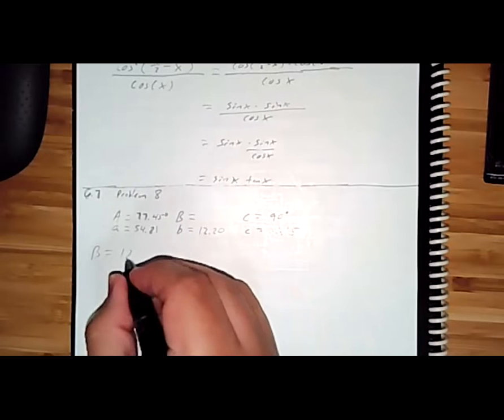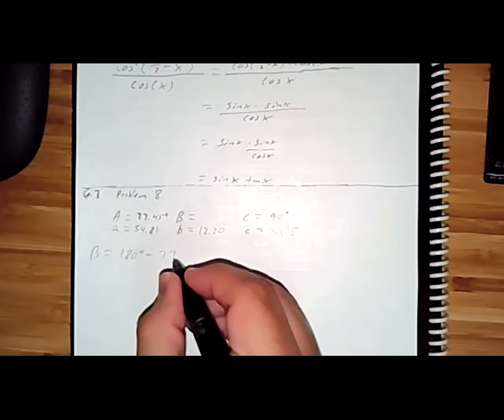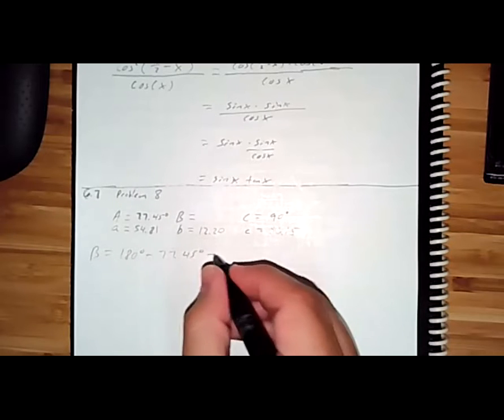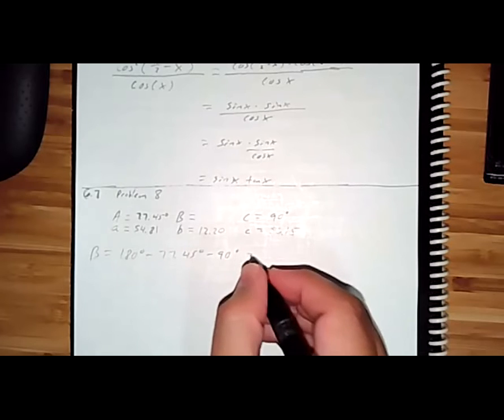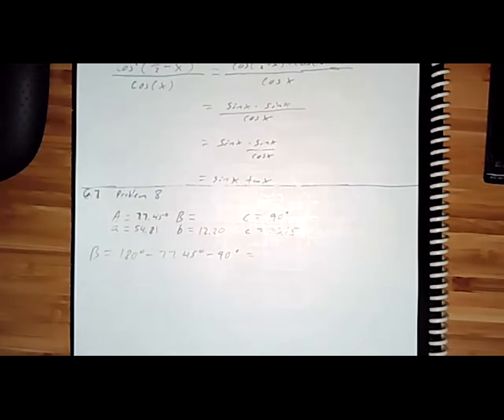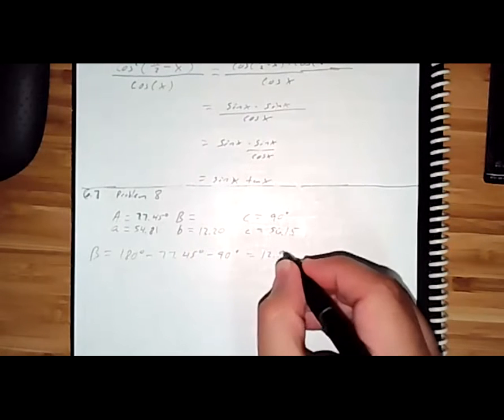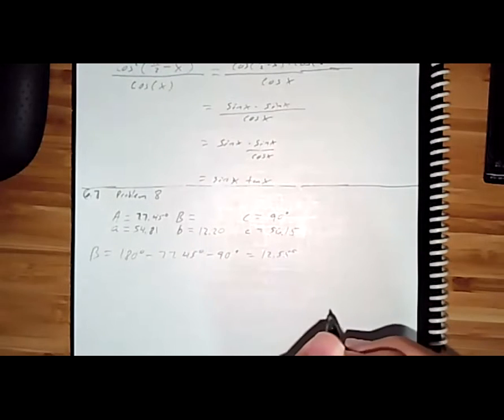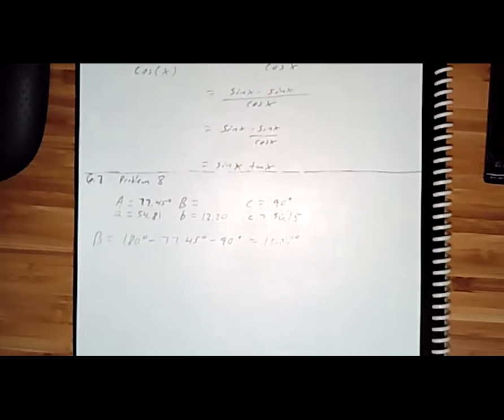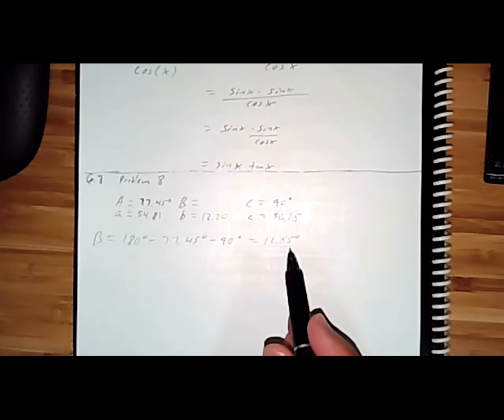Well, did you subtract from 180? I did. I tried that, and I tried the cosine inverse thing. You know, cosine B equals 54.81 over 56.15, that thing. You got 12.55, you said? Yeah, I got 12.54. I got 5.5.